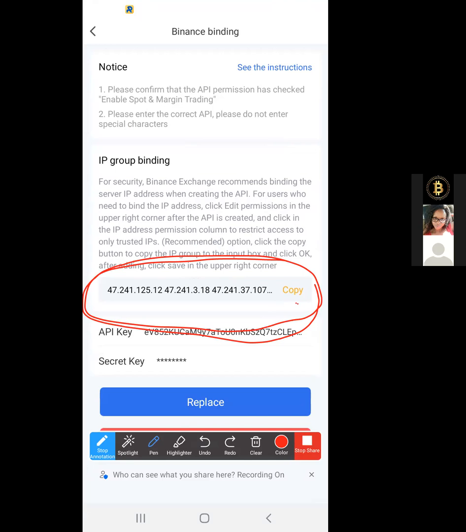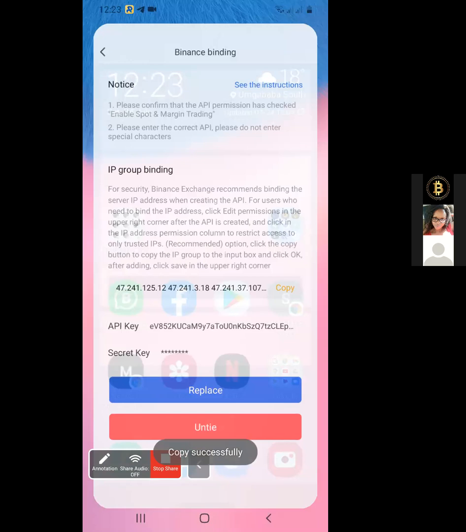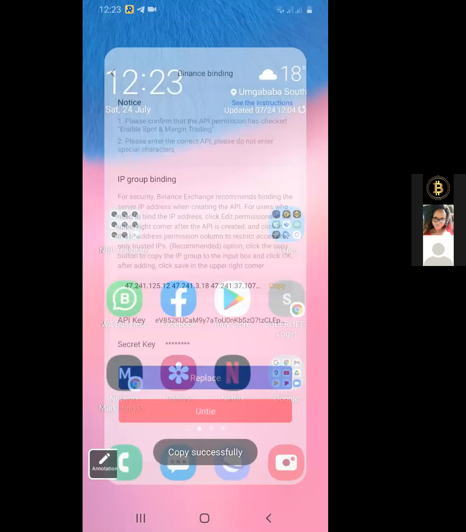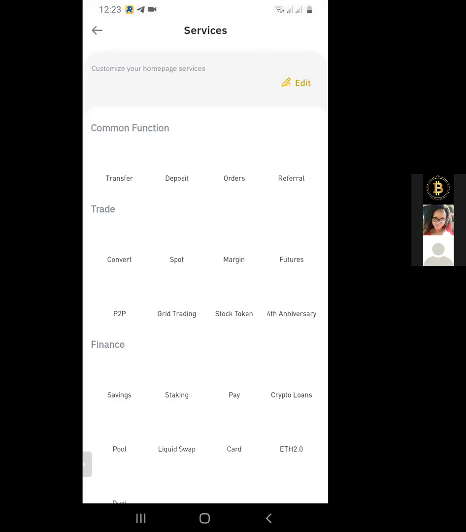The only thing that you need to do is to just copy this. You just click copy, and then you go to your Binance. And then I go back to my API management. So I scroll down and I go to API management.